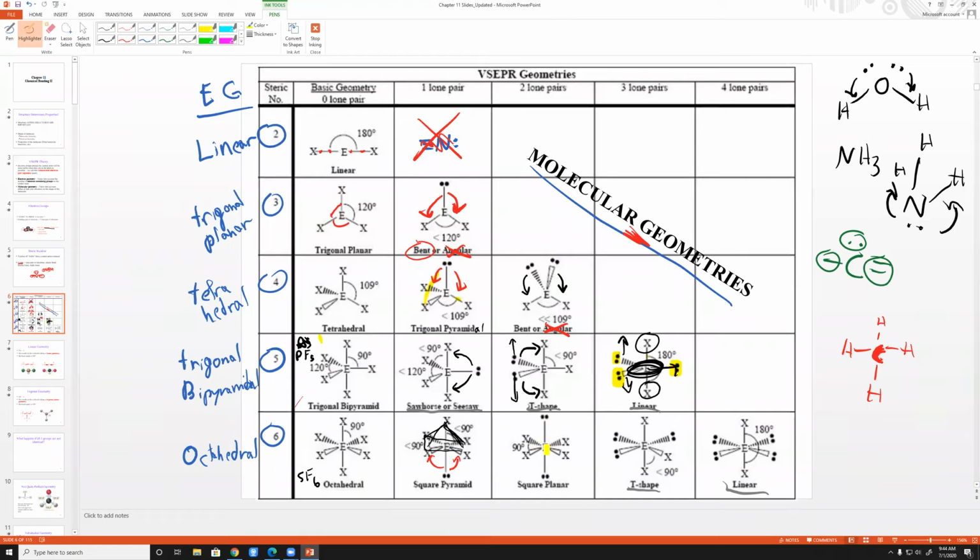So like, one will be facing, 2 will be facing that way and into the page, 2 will be facing towards us, and you'll have a square planar. So it'll be on a square, kind of like trigonal planar, but square planar. And the electrons are forcing it in that space.